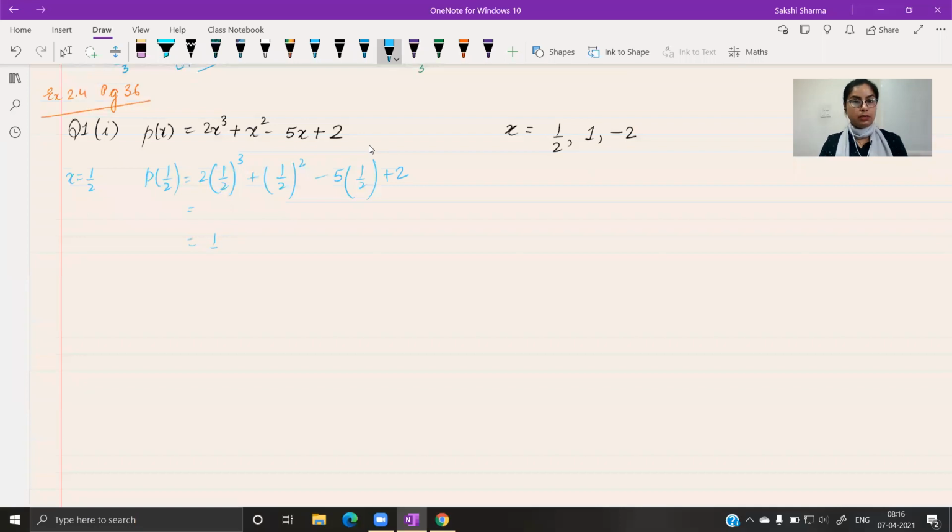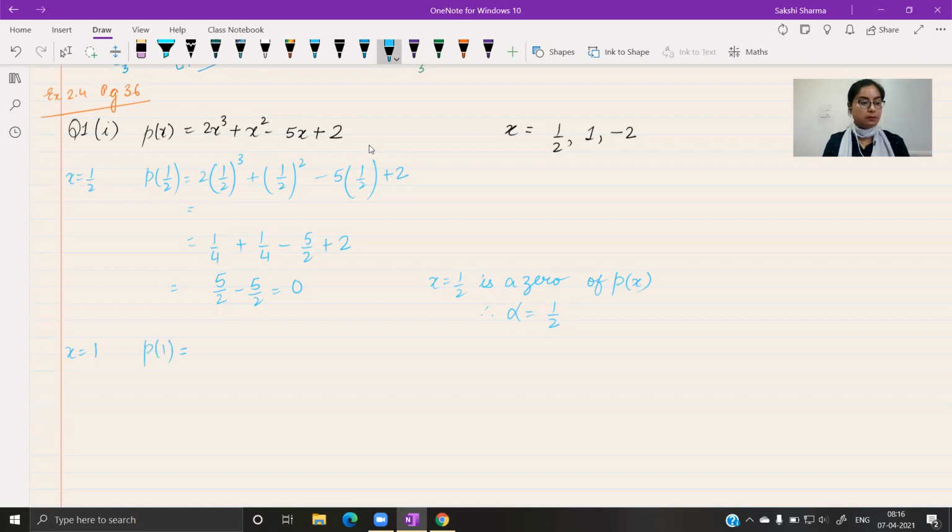This comes out to be 1 by 4 plus 1 by 4 minus 5 by 2 plus 2. 5 by 2 minus 5 by 2, this will be 0. So we have the first zero. Start with the second one.